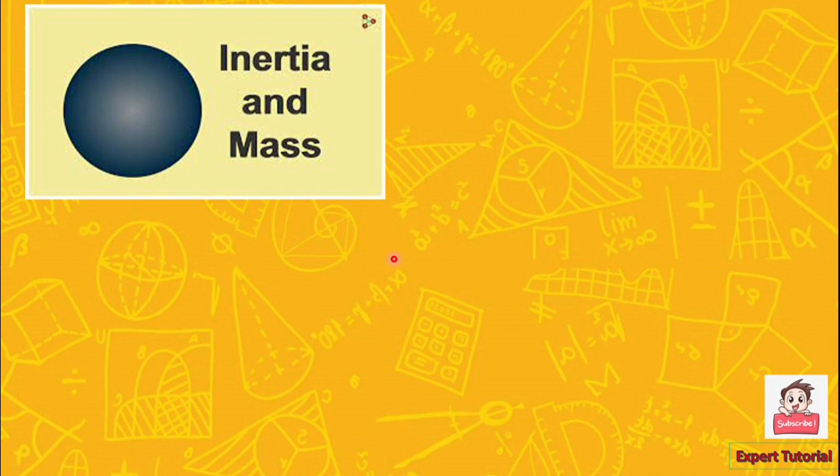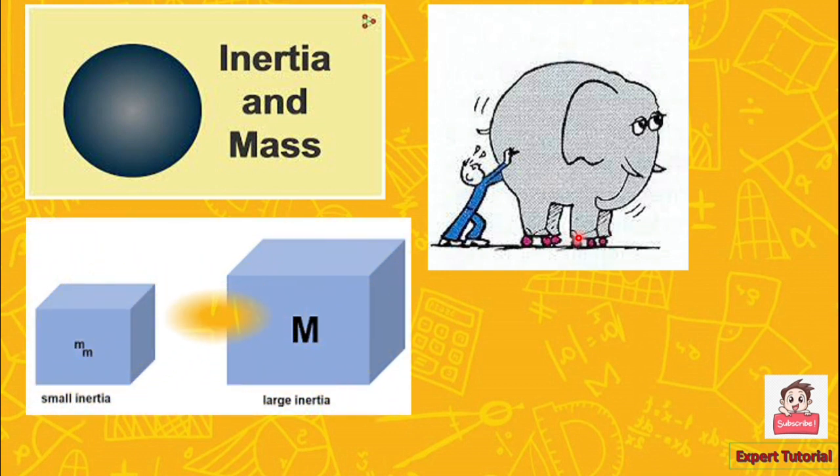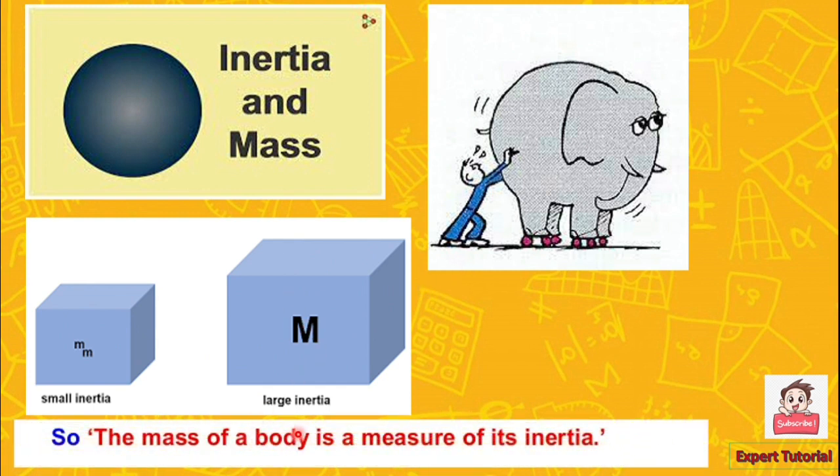We all know that the force required to change the state of a heavier body is more than the force required to change the state of a lighter body. This is because the mass of the heavier body is more than the mass of the lighter body. So the mass of a body is a measure of its inertia. This is a very important thing that you should remember.